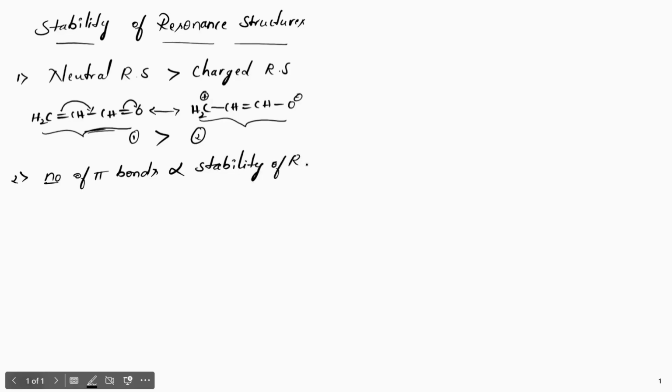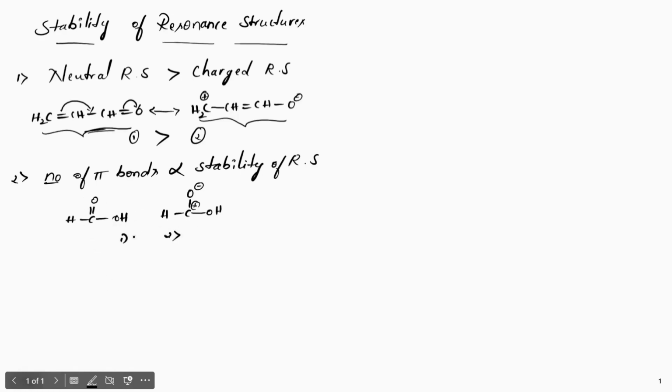We'll take an example. HC double bond O OH, and another one is HC single bond O minus, here C plus OH. This is 1 and 2.